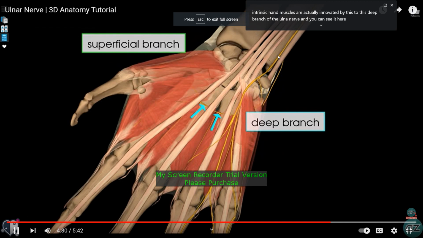Then you can see it enters into the hand from the medial side of the flexor retinaculum, in a separate canal called Guyon's canal.